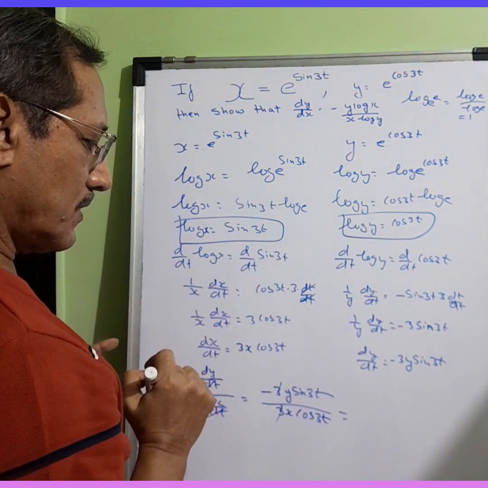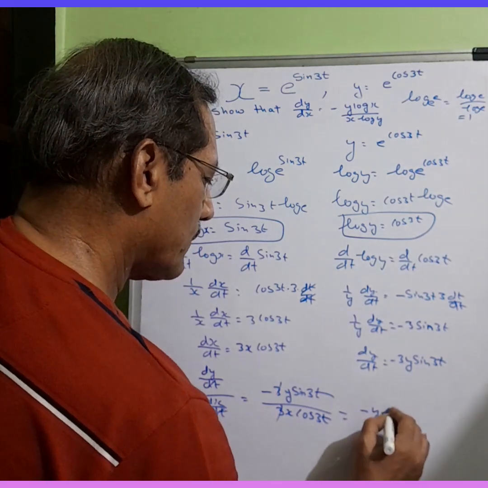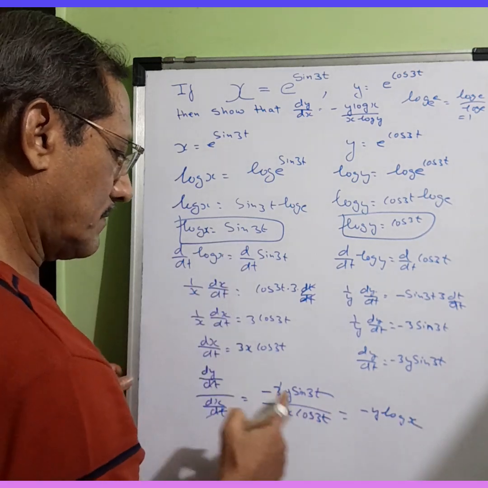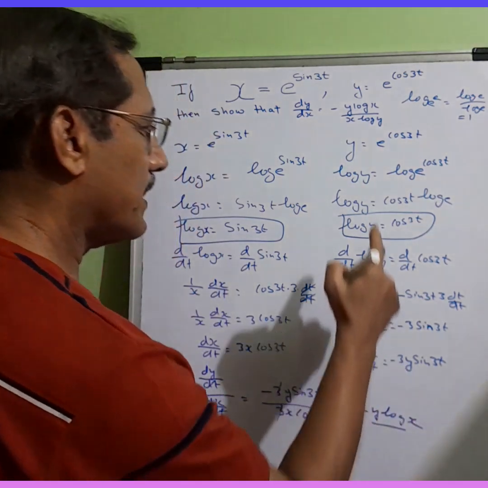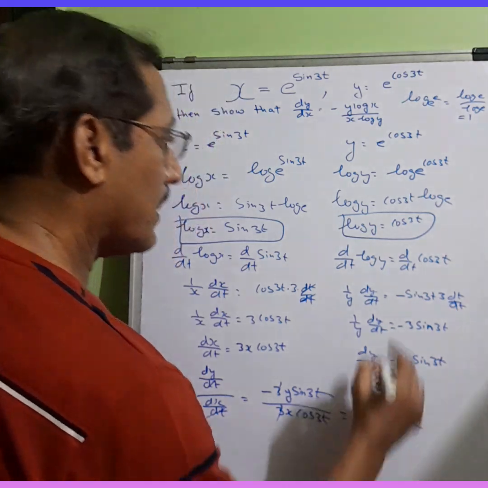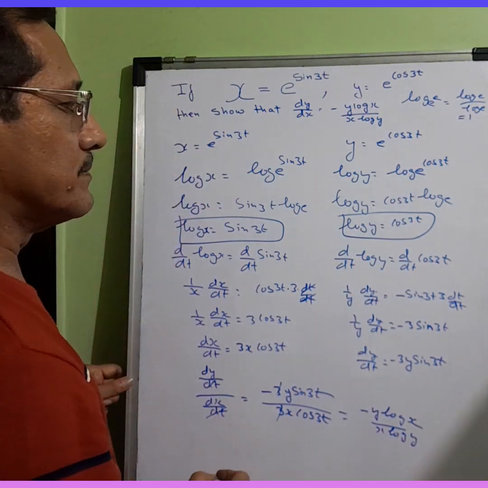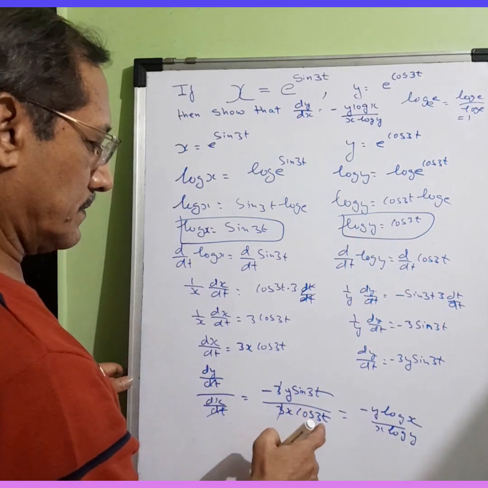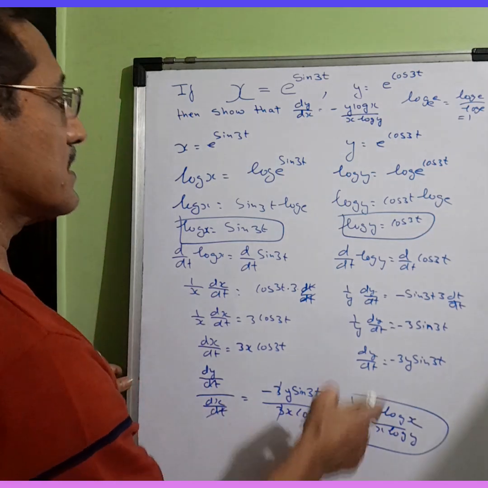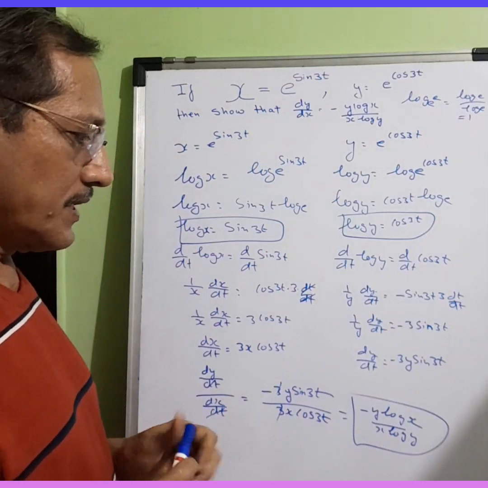Alright, so sin 3t is log x, so it becomes minus y log x divided by x log y. Alright, so this is our answer. This is what they expect us to produce.